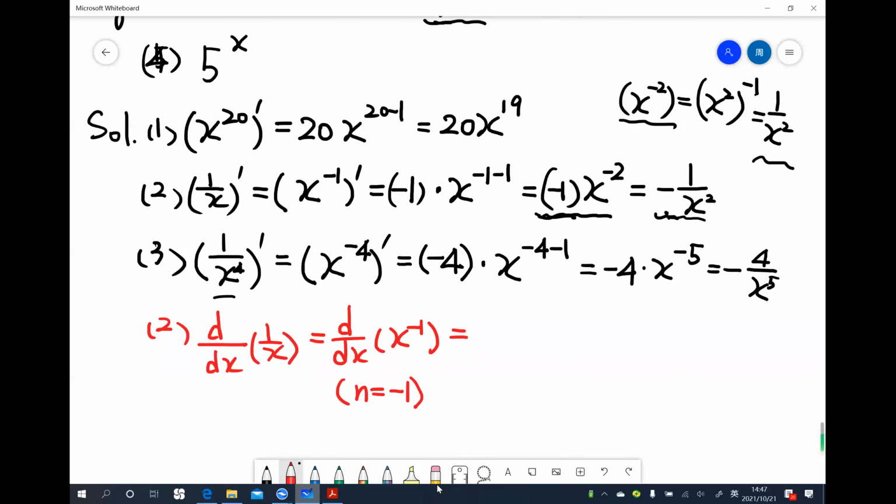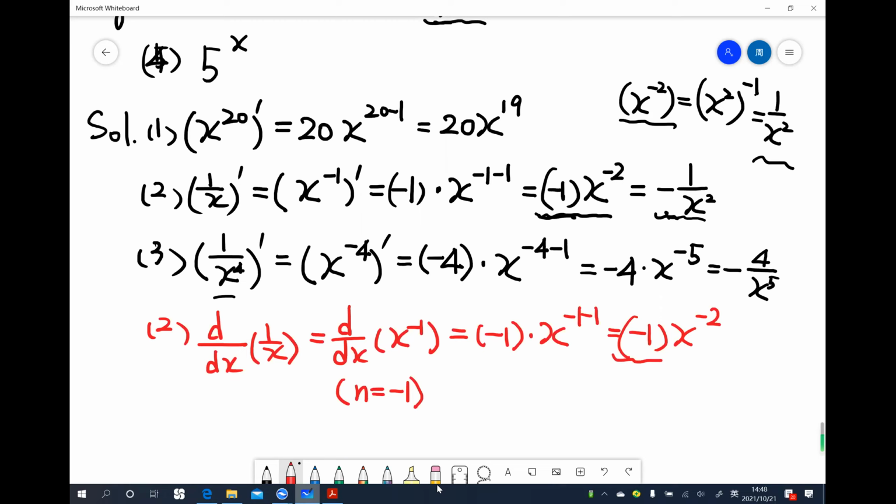So from the formula, that is minus 1 into x power minus 1 minus 1. So that is minus 1 into x power minus 2.